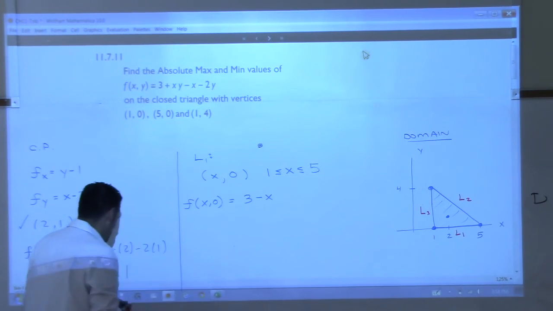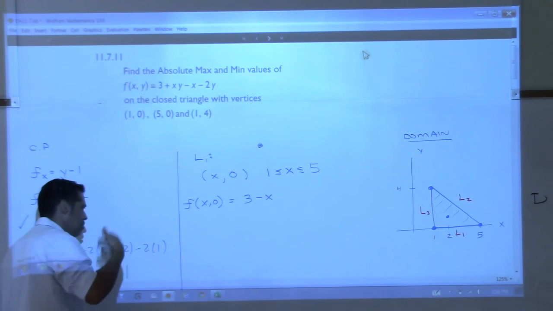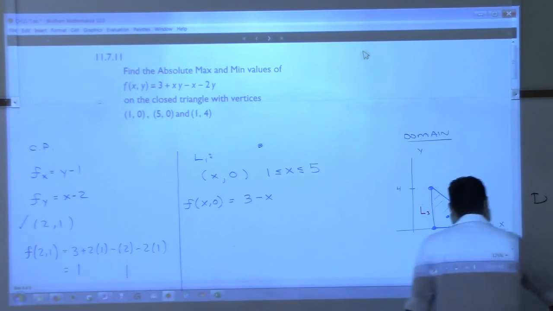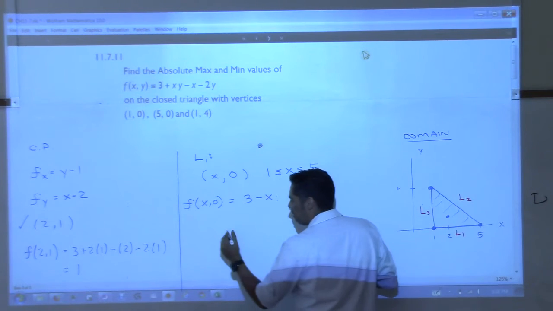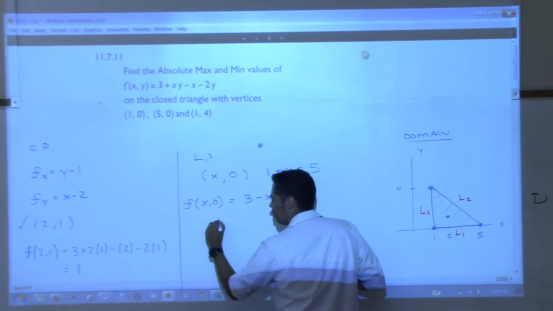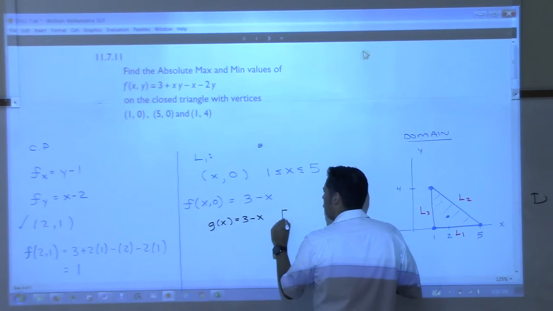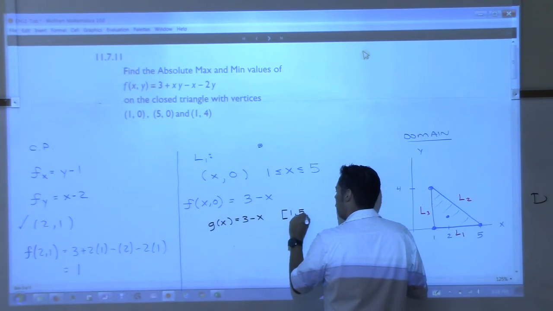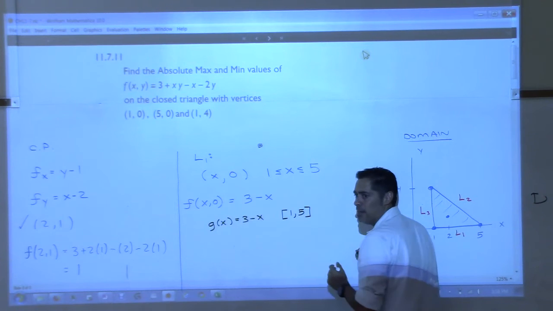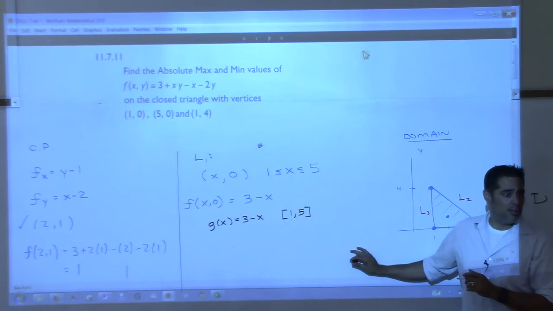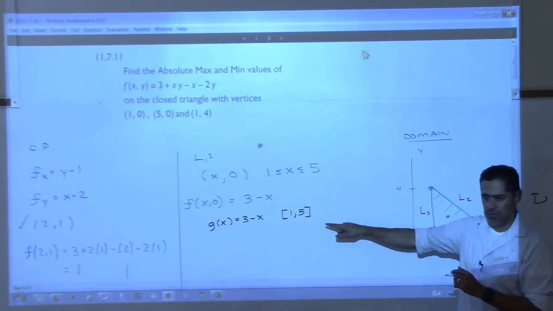I'm going to do this in a different color because I still want to make the connection to Cal 1. Essentially what I'm doing is defining a function g(x) = 3 - x, and I'm looking at the closed interval [1, 5]. And I'm trying to find the absolute max and min of this function.